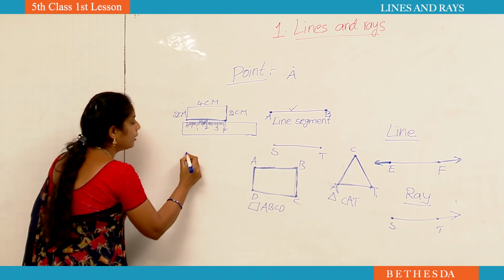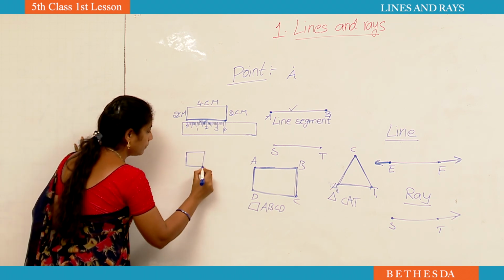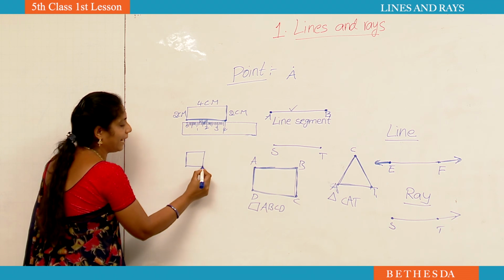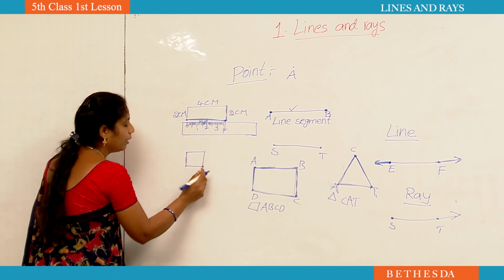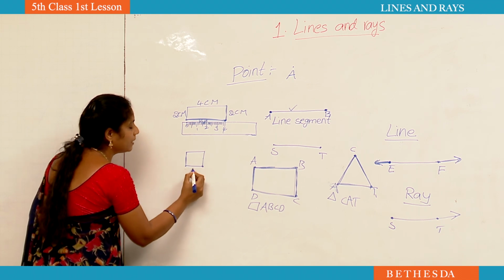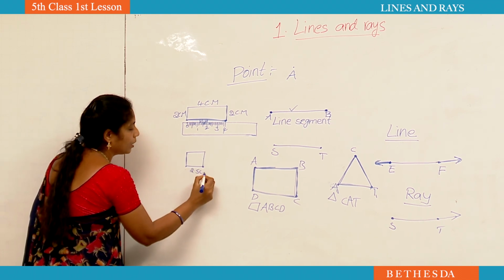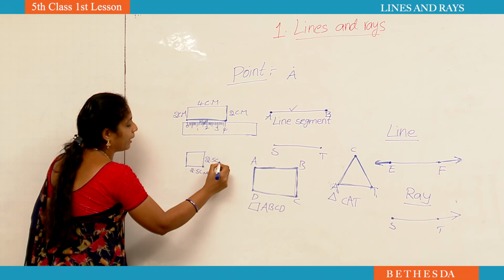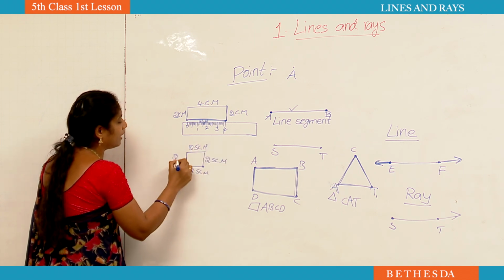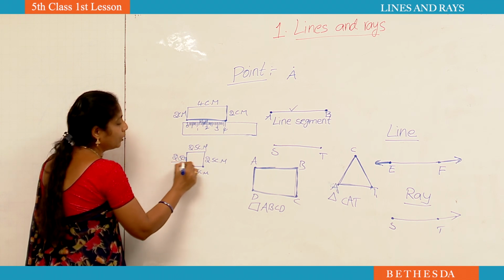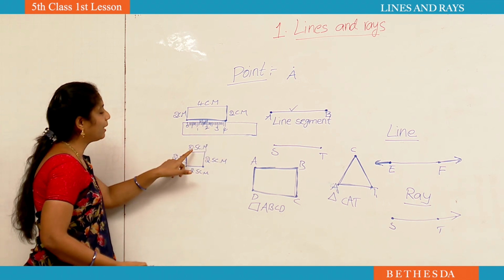For example, if they give a square, you can measure only one side. Why? Because in a square, all sides are equal. Okay, if you get this is 2.5 centimeters, this is also 2.5. This one also, because all sides are equal in a square. Teacher, you told no here. How will we get 0.5?